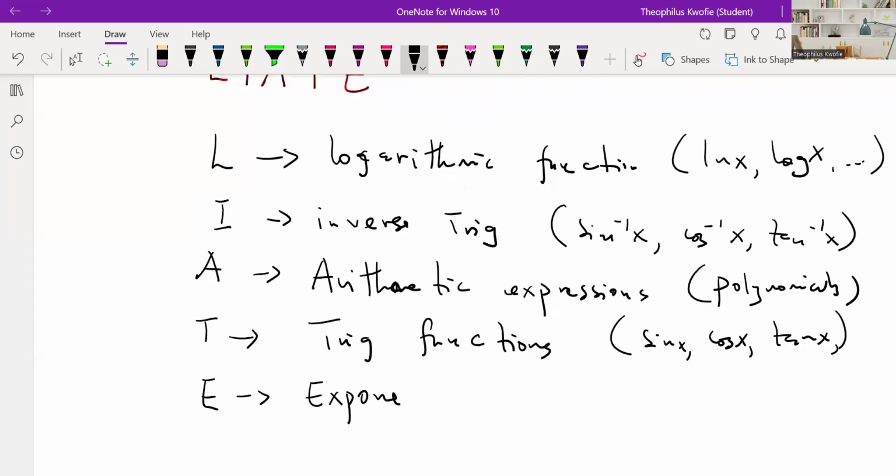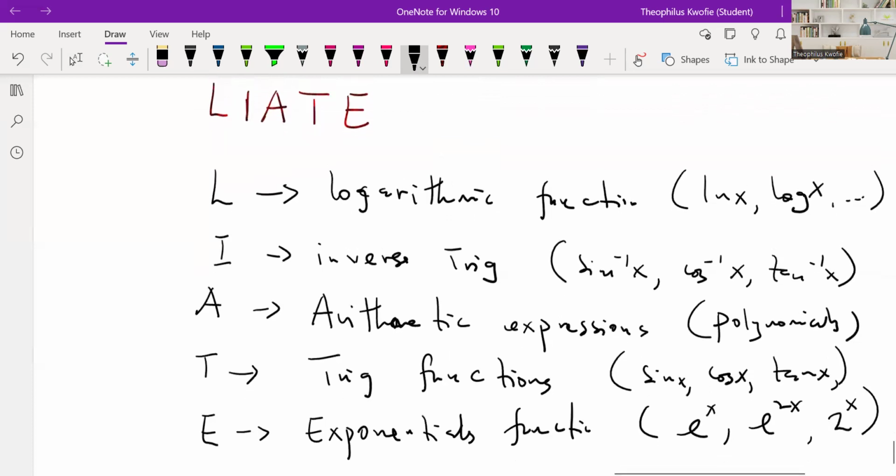So you have e to the power x, e to the power 2x, and all of that. Or maybe 2 to the power x. All of these are exponential functions.